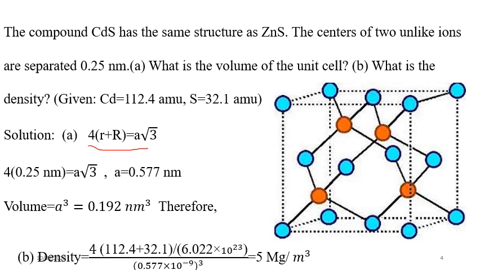Therefore density is directly obtained as 4 times the mass of cadmium plus the mass of sulfur, divided by Avogadro's number to get the molecular mass of CdS in grams, divided by the volume, and this gives me 5 megagram per meter cube. Sometimes it is written as megagram per meter cube or gram per centimeter cube.